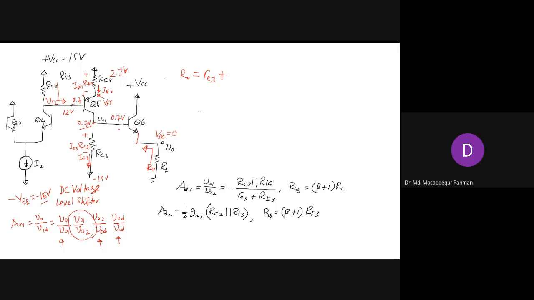What is the resistance in the base? So that is the resistance that you can see from here. Let's call it RO prime. If that is RO prime, that will be reflected into the emitter, and you write RO prime divided by beta plus 1, resistance reflection rule. Now the question is, what is RO prime?